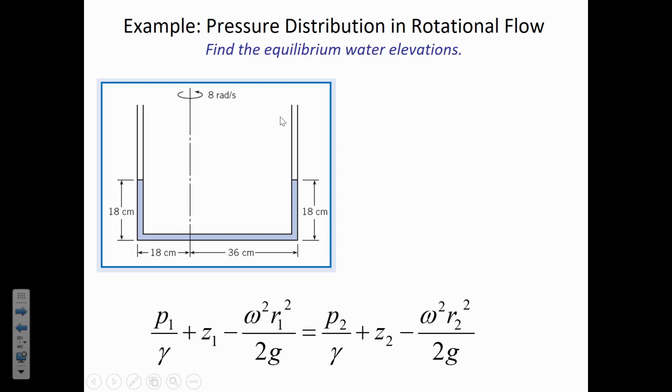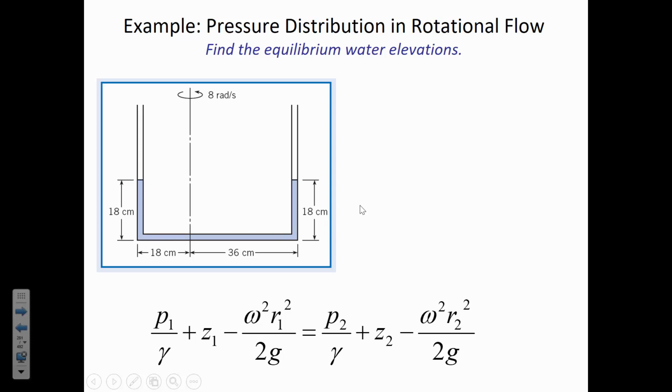So 0.18 meters plus 0.18 meters. So together, Z1 plus Z2 is 0.36 meters of water. So this column height combined, there's 0.36 meters of water in the vertical part of the U-tube. I mean, there's also some water down here in the base, but the vertical amount of water is 0.36 meters.